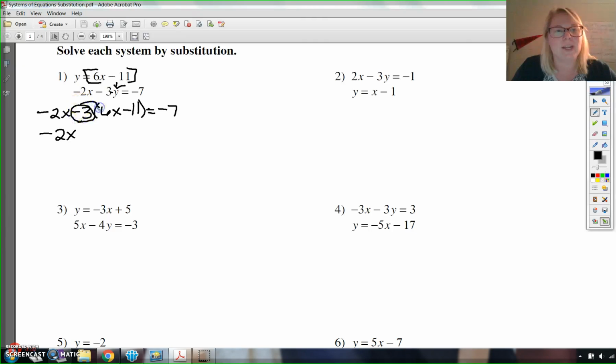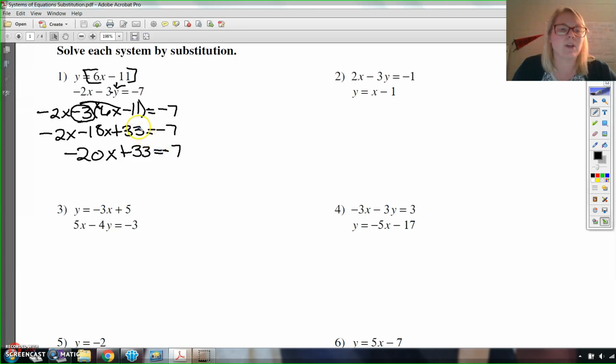So negative 3 times 6x is negative 18x. Negative 3 times negative 11 is positive 33 equals negative 7. Now, what's my next step? I have to combine my like terms. Negative 2x minus 18x is negative 20x plus 33 equals negative 7.